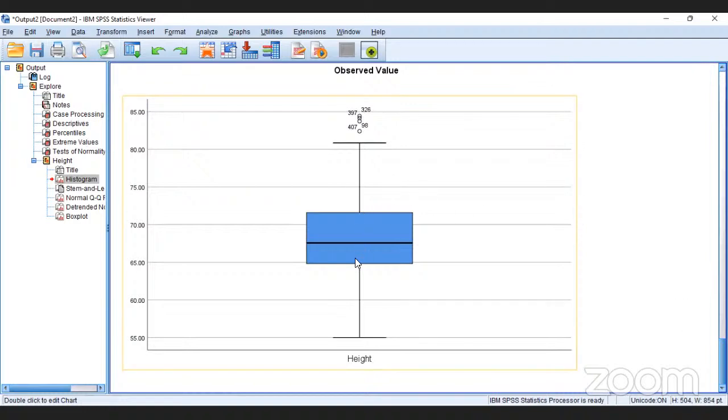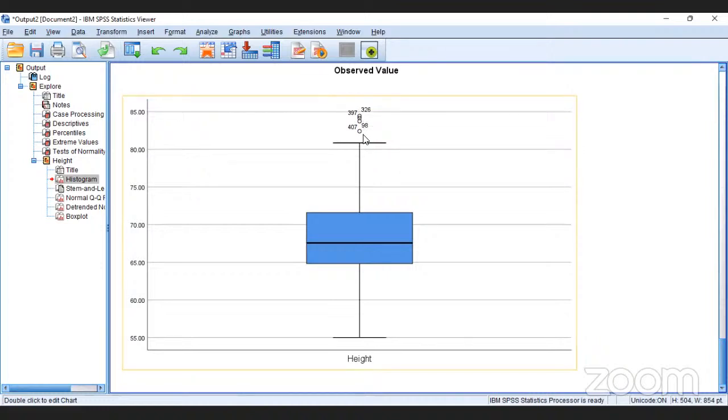So this gives us the fourth and the first quartiles, right? This area here, this way we have the first quartile, the third quartile, this is the fourth quartile, this is the first quartile, and we have a few cases of extreme values for this data set.